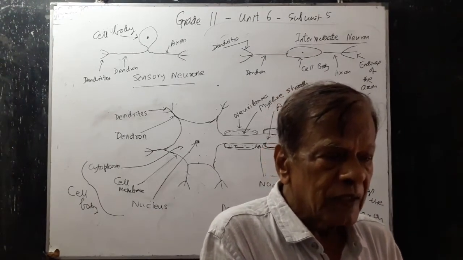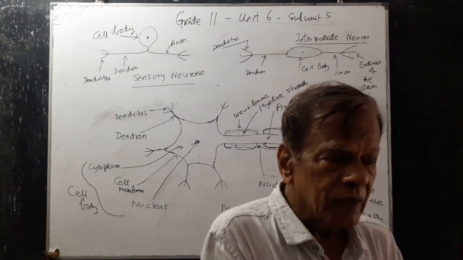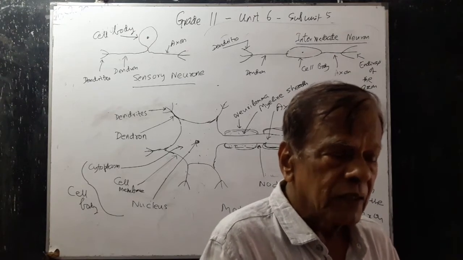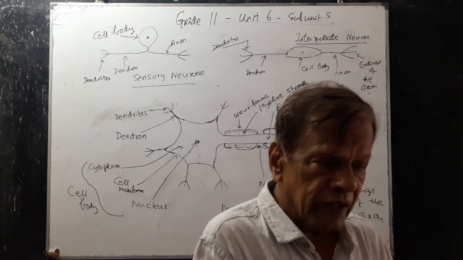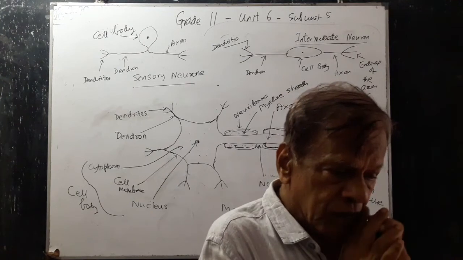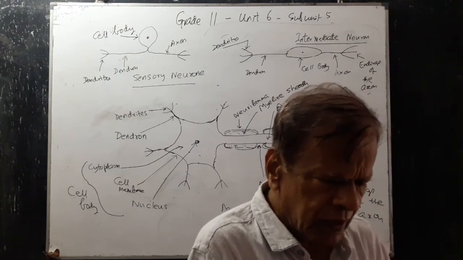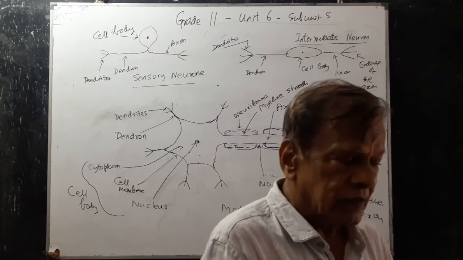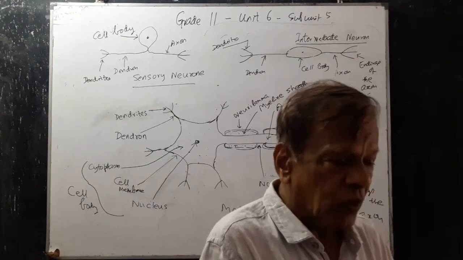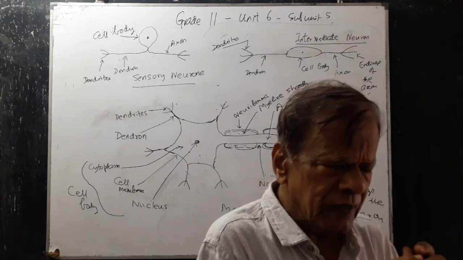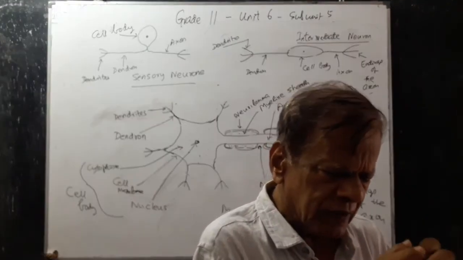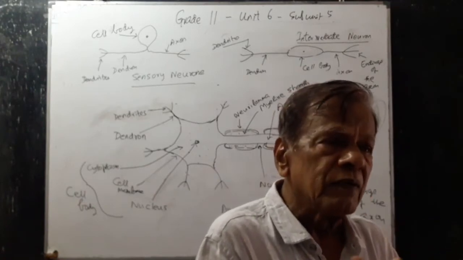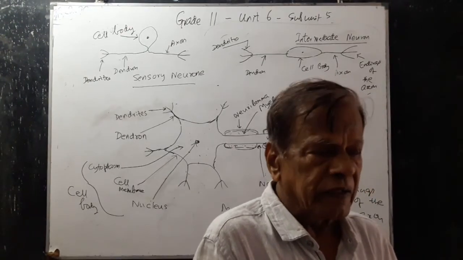The function of sensory neurons is to receive stimuli and conduct impulses or messages to the central nervous system, the brain and the spinal cord. The central nervous system decides what to do. The response message is sent from the central nervous system to the effectors.